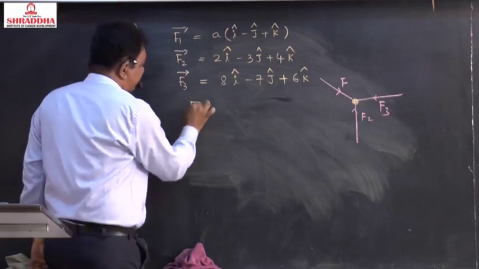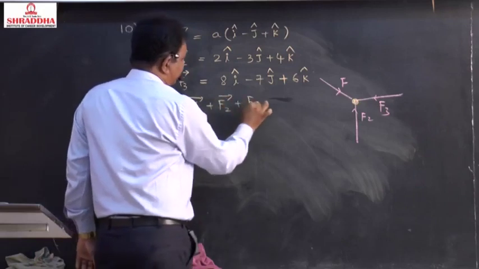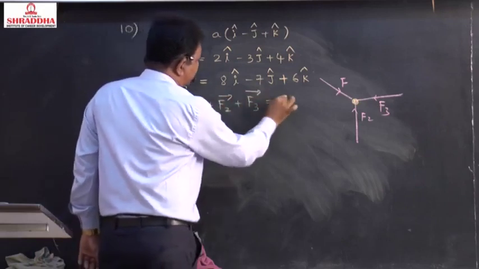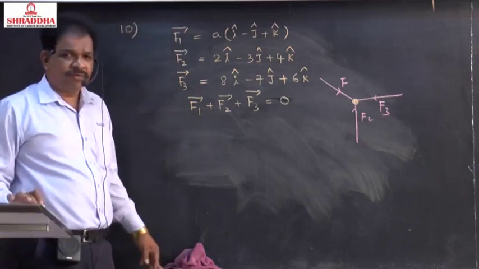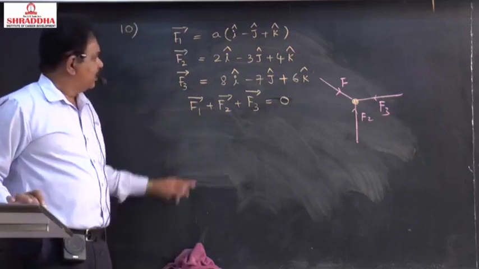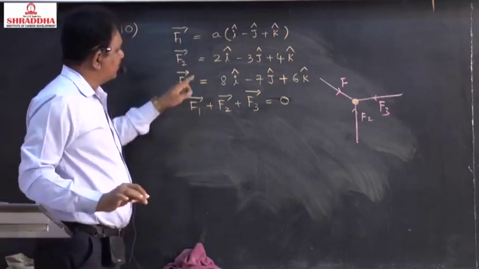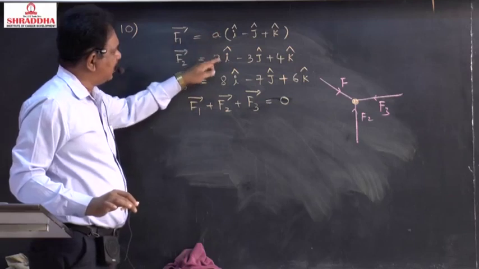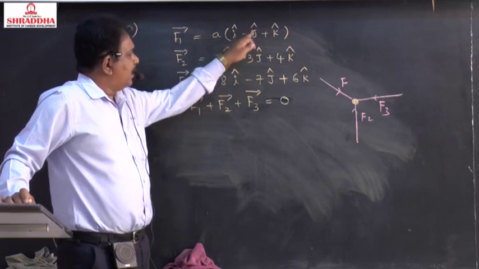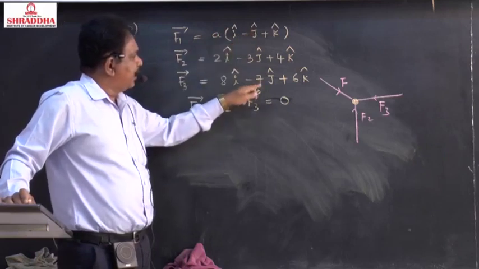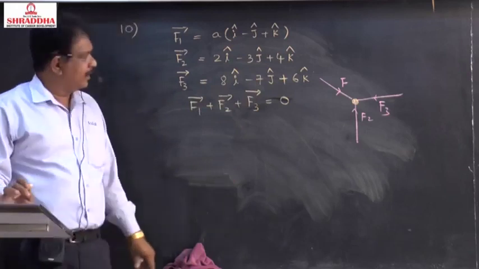Given the particle is in equilibrium, F1 bar plus F2 bar plus F3 bar is equal to 0. Then you substitute these values here. Addition means all I components you should add, all J components you should add, all K components you should add. Clear?